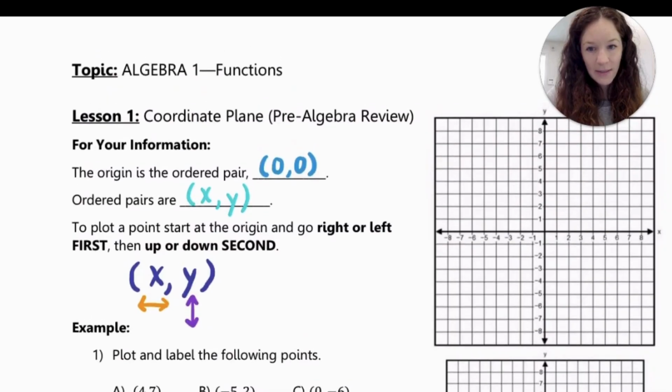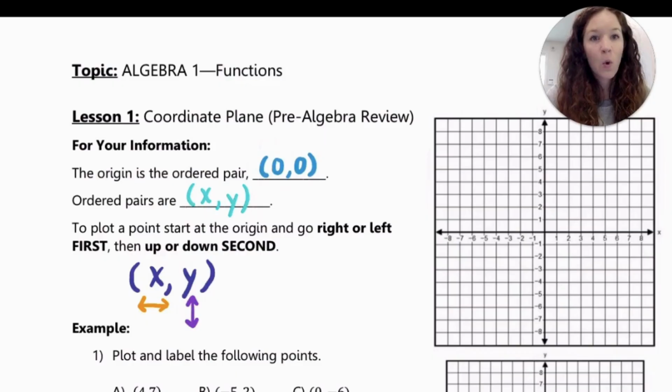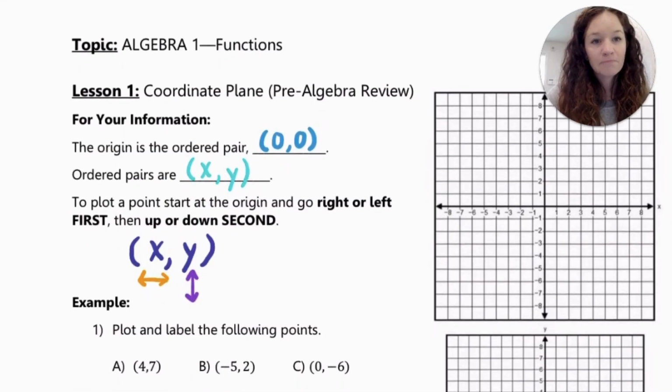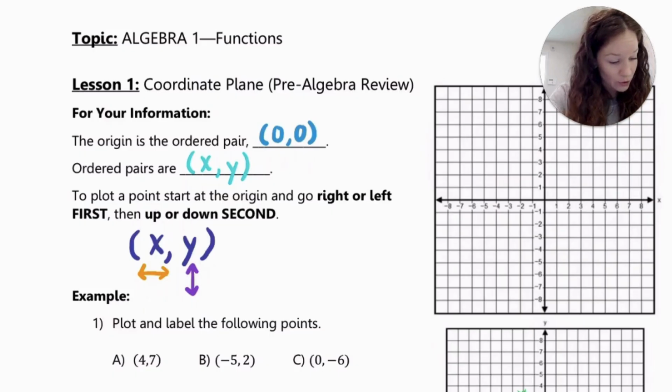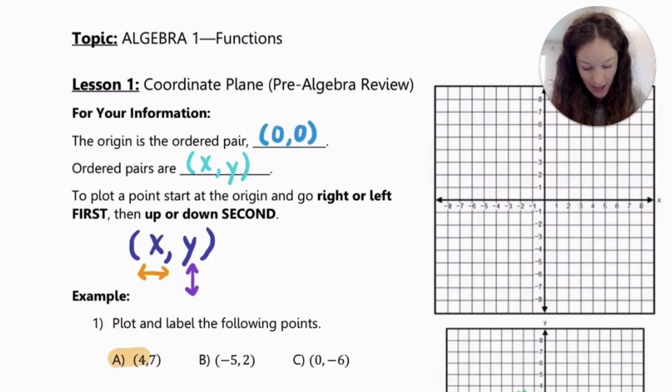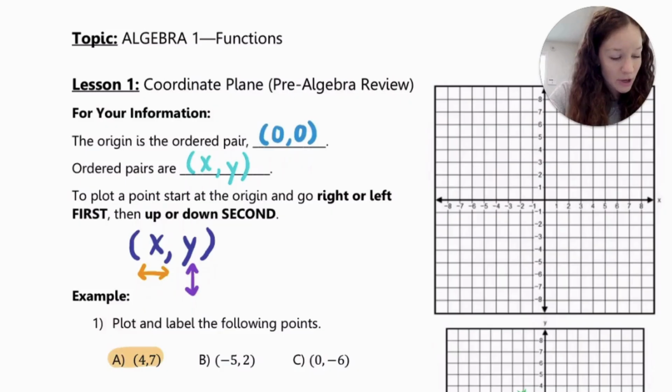Let's talk about these first couple points. Example 1, I'm just sliding down so you can get that whole graph there. We want to talk about the ordered pair, so I'm going to highlight it so you see which one we're talking about. We're going to do letter A, 4, 7. We always start at our origin, so I'm going to take this orange and put a dot at our origin.